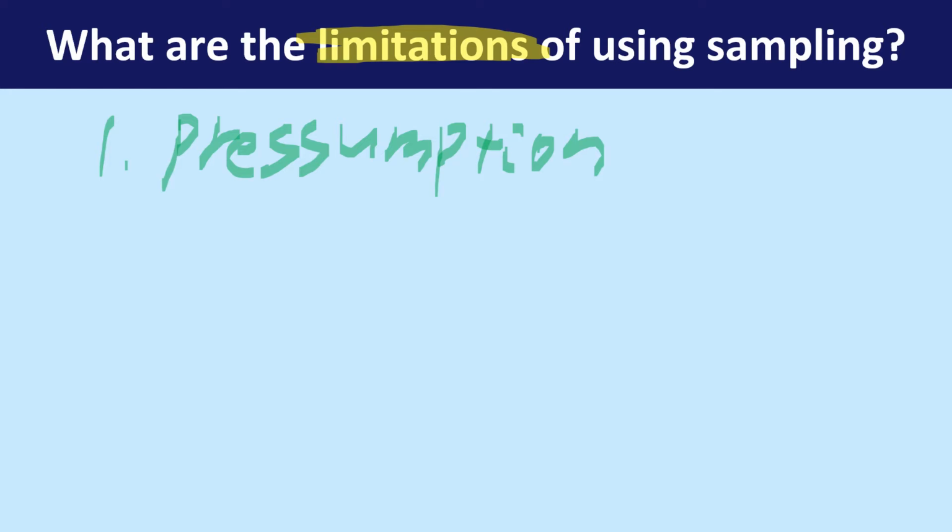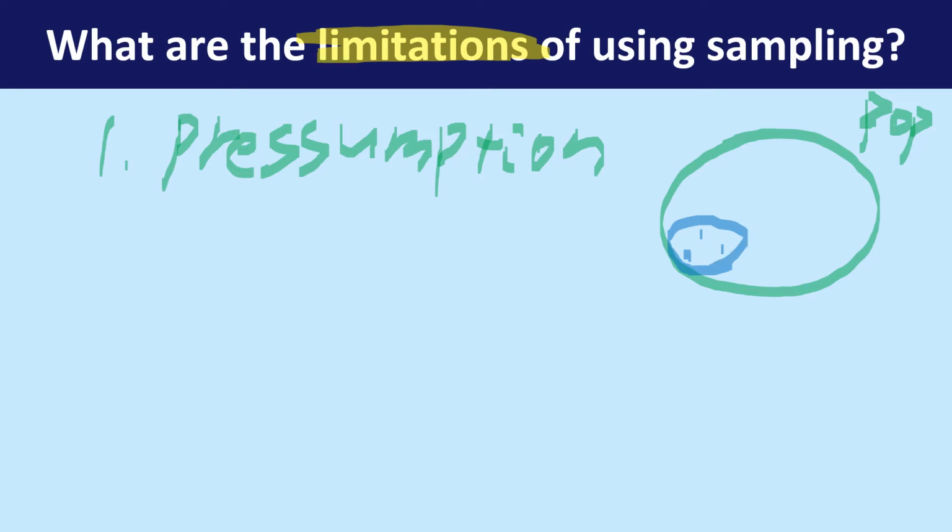For instance, say this is the entire population, and imagine you took some of those surveys from this area, some kind of local situation. One of the assumptions is that whatever pattern you find must apply to other places within that population. That itself is a big assumption.